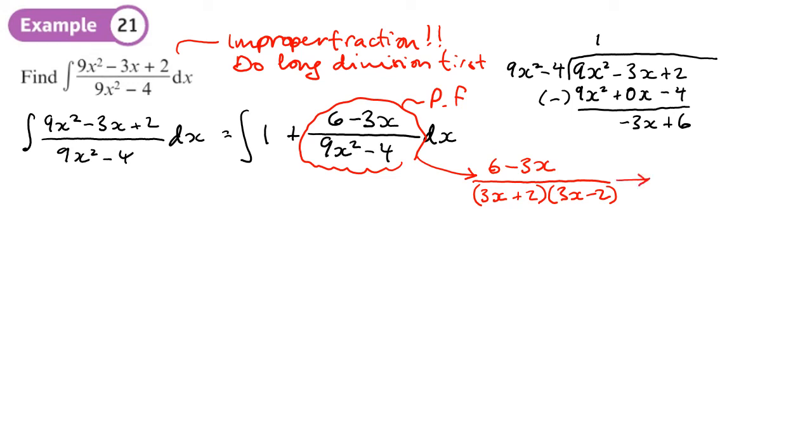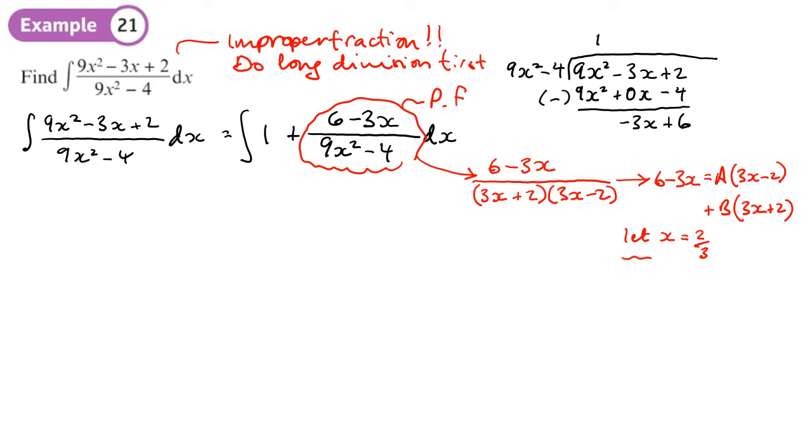Right, so we will have 6 minus 3x, which is the numerator, equal to a over 3x plus 2, so a is going to get multiplied by 3x minus 2, plus b, which is going to get multiplied by 3x plus 2. Right, so let's start. We're going to let x equal 2/3.